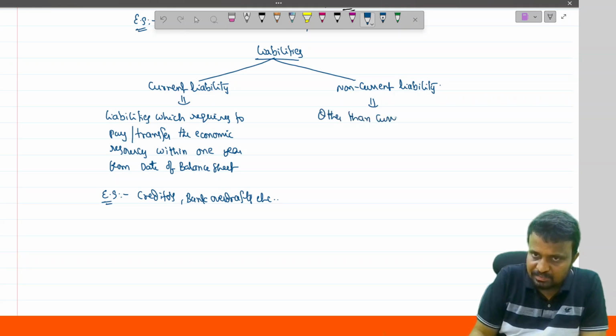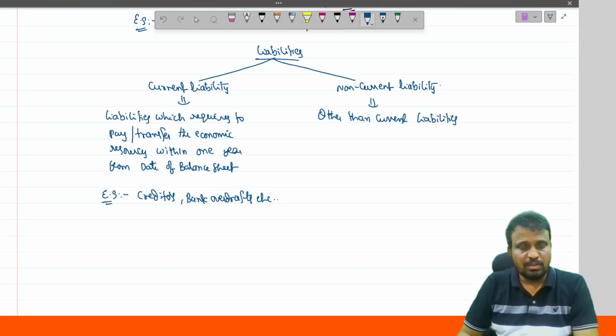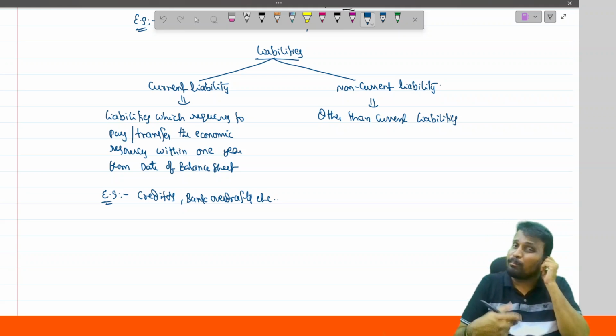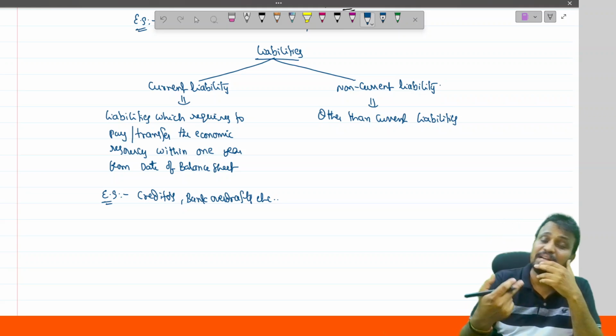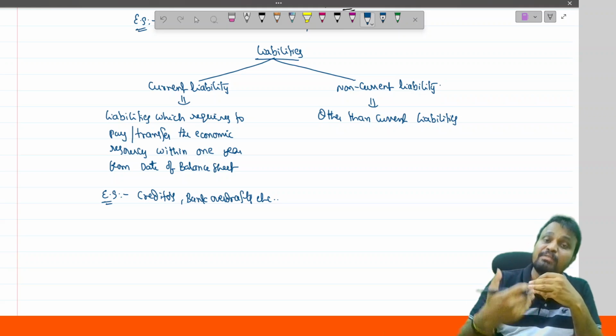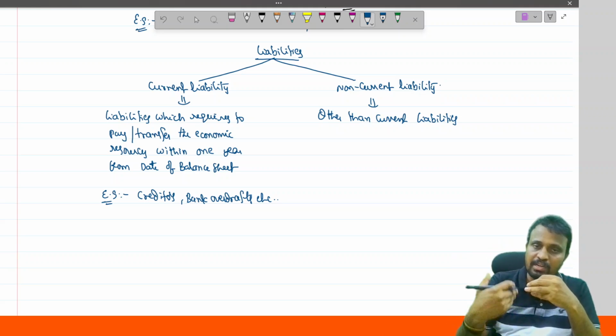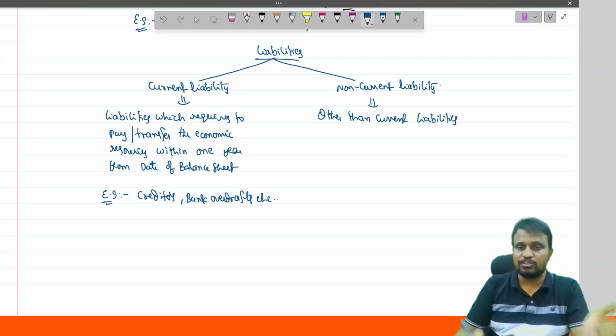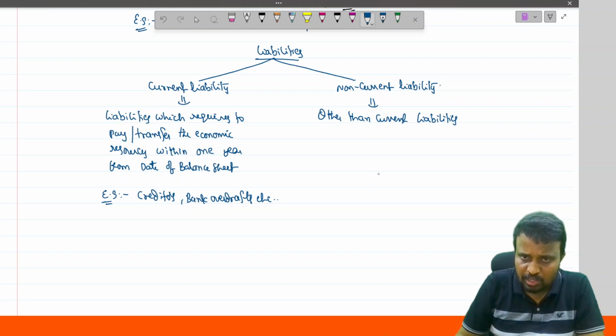Other than current liabilities means those which are required to pay or transfer economic resources for a period more than 1 year from the date of balance sheet. They are covered under non-current liability.